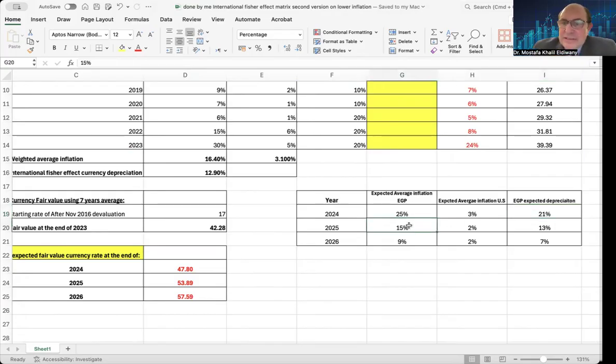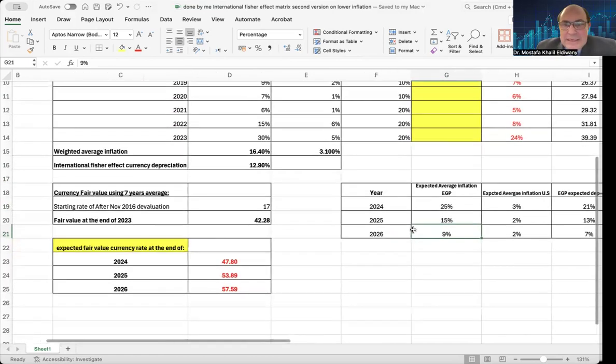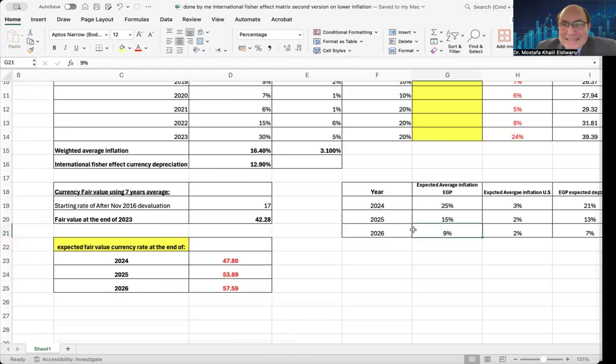I also put my expectations for inflation in 2025 and 2026. But now we are at the end of November 2024, and the inflation rate in Egypt didn't go lower as fast as we thought.